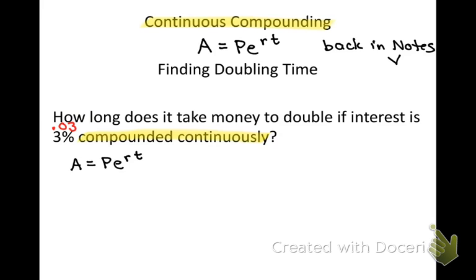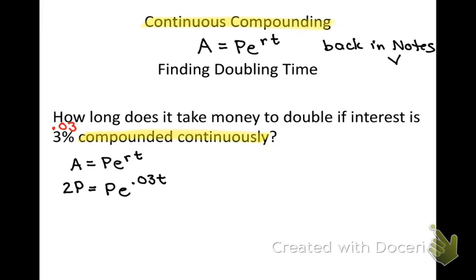If my money doubles, I'm going to start with P and my future value is going to be 2P. And then we have e to the 0.03t. Notice I do not know what my actual initial amount was. I left it as P, but if it doubles, it's going to be 2P.